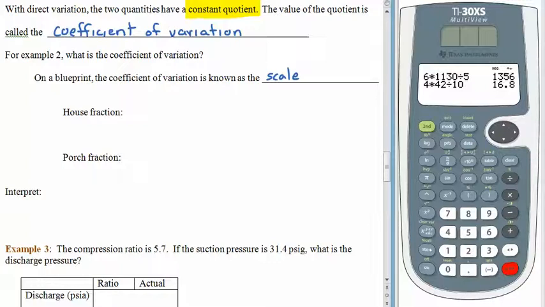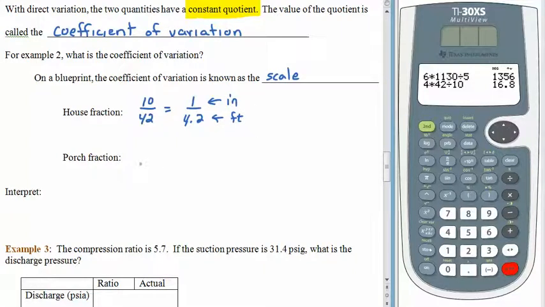So if we went back and looked at that house fraction, we had 10 inches on the blueprint that equated to 42 feet on the house. And if we divided both of these quantities by 10, that would give us 1 inch on the blueprint for every 4.2 feet on the house. So this is inches, and this is feet.